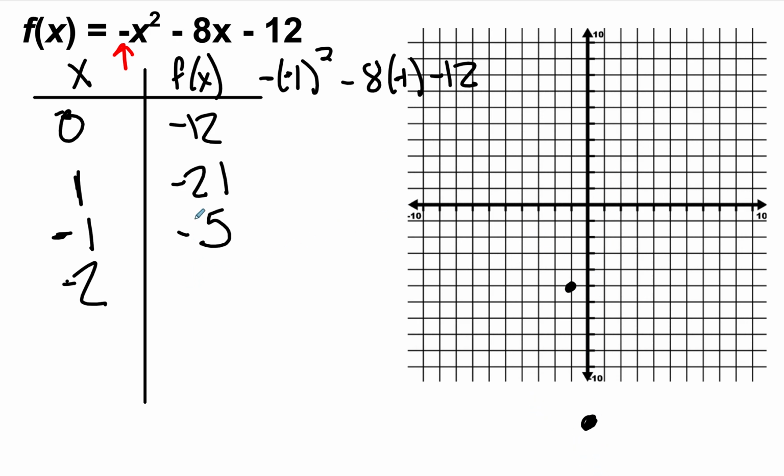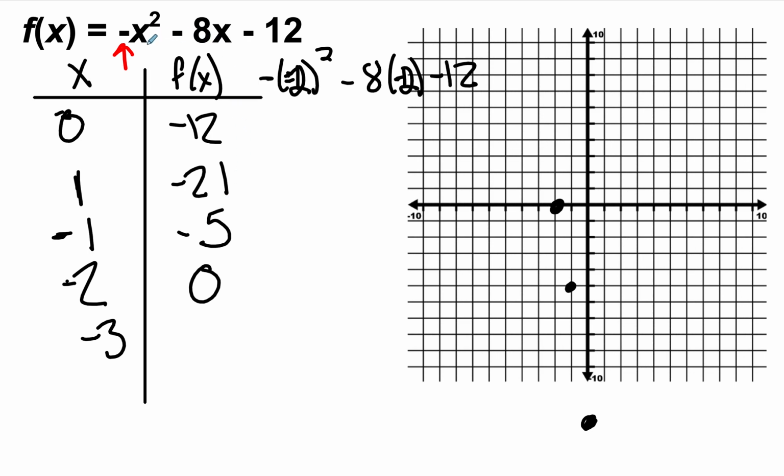Okay, so -2. -2 squared is 4. This makes it a -4. -2 times 8 is -16. So -4 minus -16 is -4 plus 16, which is 12. Minus 12 is 0. Look, this is going well.